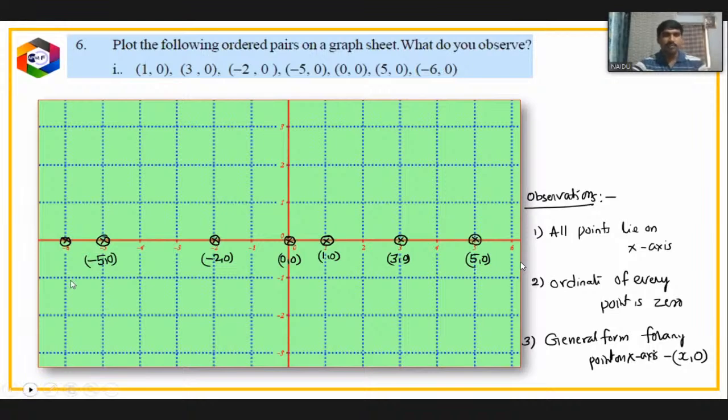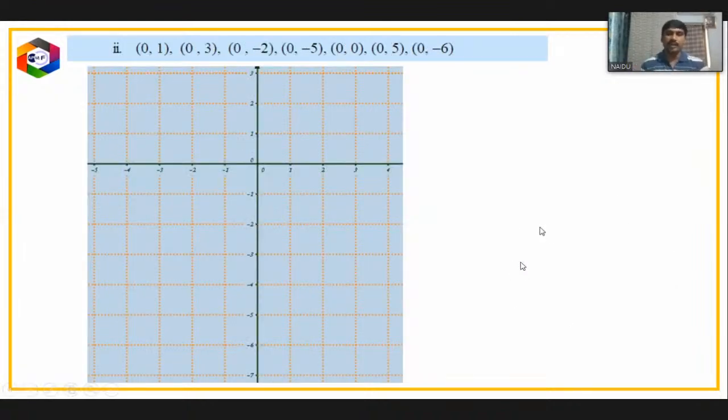So observe this again, these points are asked to be plotted on the graph sheet. Yes, children, quickly I will do this one. If you observe, for each and every point the x value is 0, what does it mean? X value is toward the x direction, that means horizontal line. So either the positive direction of x-axis or the negative direction of x-axis, the distance is 0.